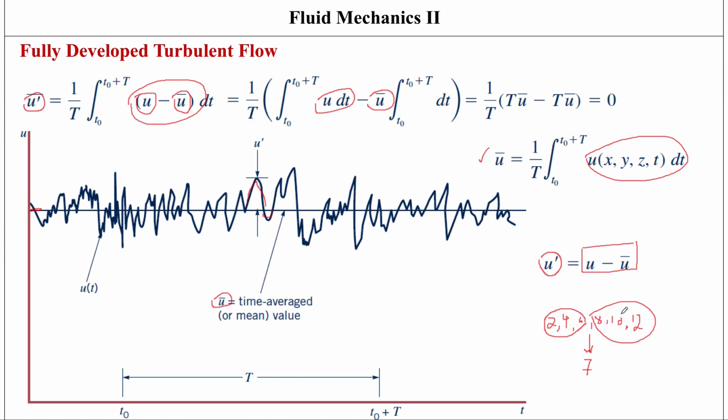If I was to bring this analogy here, what I can say is that the average here represents the mean, right? That means that there has to be an equal amount of values on both sides of this average, because the fluctuations are being equally distributed on either side of the average. So that is just an important point to understand.